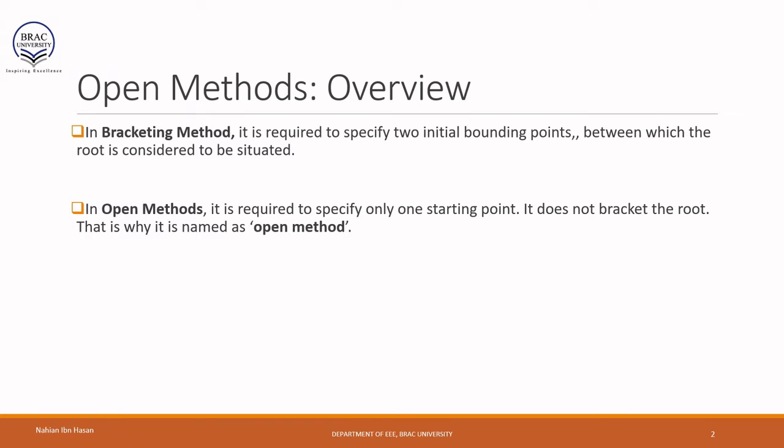Since it is an open method and it requires only a single starting point, it seems very useful and much easier than the bracketing method, because we do not need to specify any boundary locations and we do not need to be sure that there is any root situated between those boundary points. So it seems at first that open methods are much more reliable and easier than the bracketing methods, but there is a loophole.